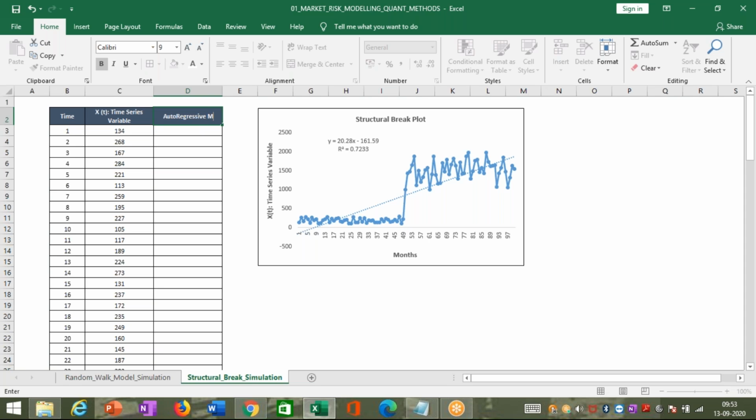Auto-regressive model. But over here, I'll mention it to be hypothetical so that we don't get confused about how it has actually been calculated. So over here, let's say, this point will be blank.